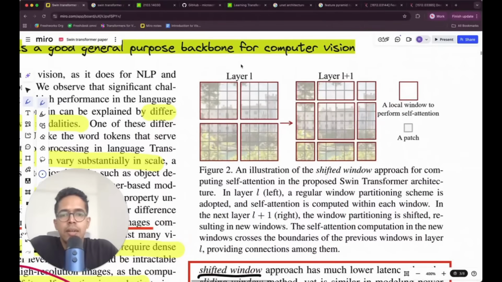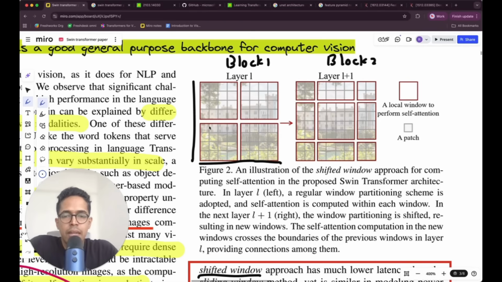So this is the window-based multi-head self-attention, the transformer block number 1. Let me write it as block number 1. And this is what happens in block number 2. So in block number 1, here you have 8x8 patches, 8 patches along the height and 8 patches along the row. Each patch is this gray color rectangle.